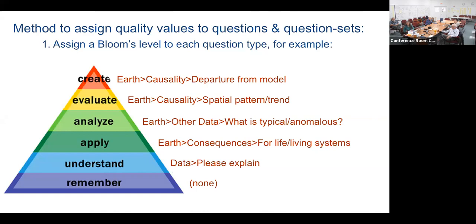Just a sec. Earth causality, what controls phenomenon is coded at understand. So the lots of different colors would be coded as Earth causality, what controls phenomenon, and that would be coded at the understand level.